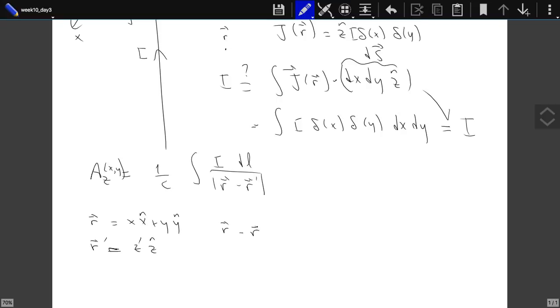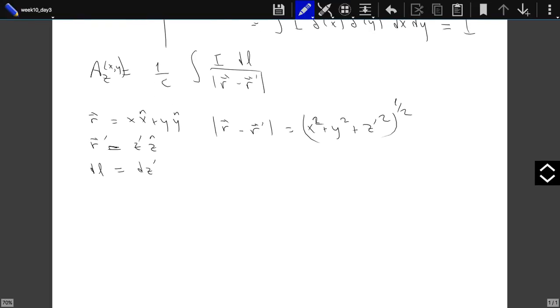So the magnitude of r minus r' is nothing but the square root of x squared plus y squared plus z' squared. dl is just dz'. If we substitute everything back, A_z is equal to I over c times the integral of dz' over the square root of s squared plus z' squared, where s squared is x squared plus y squared. Let's assume that we are integrating from minus L to L for the time being. Eventually we will take the limit L goes to infinity.